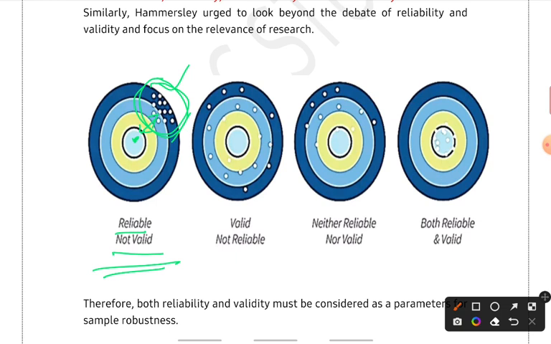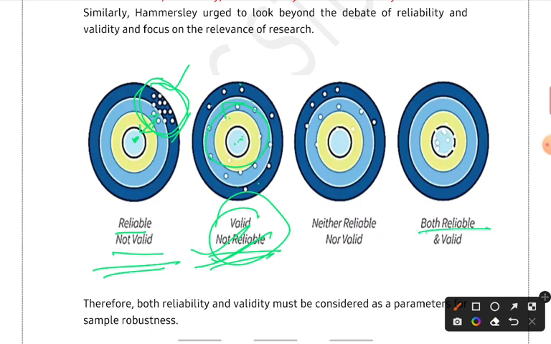Now in this case, every time the researcher goes, he is getting different data. So it is not reliable. It is valid because it is intended towards the result only.